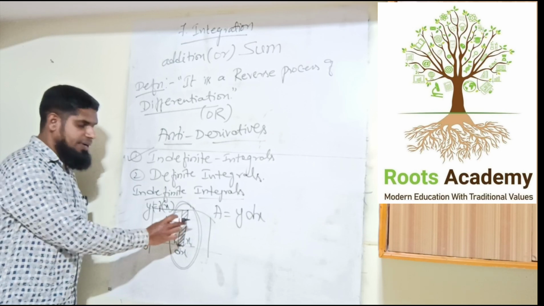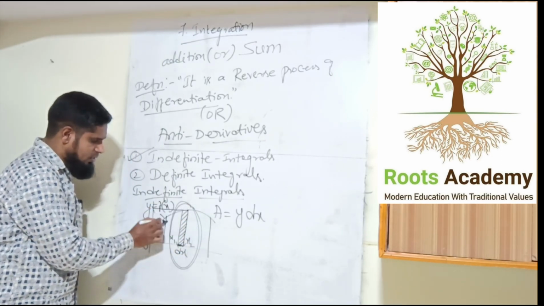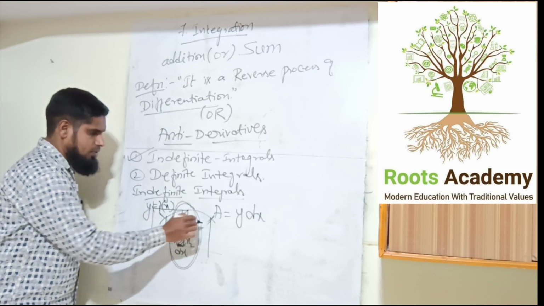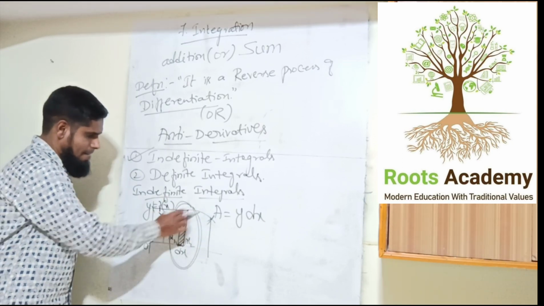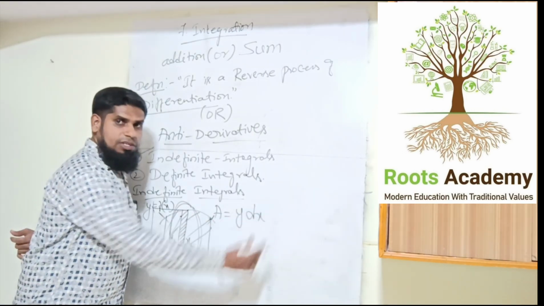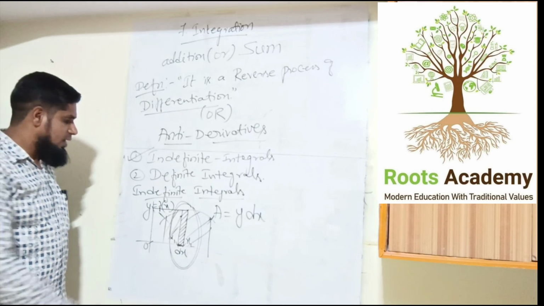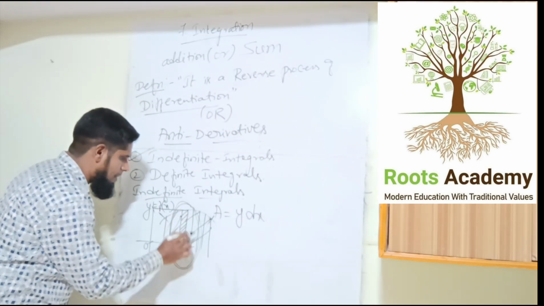But students, our interest is to find the area under this curve, that is from here to here. So what exactly should we do now? For that, we will again take smaller portions here.